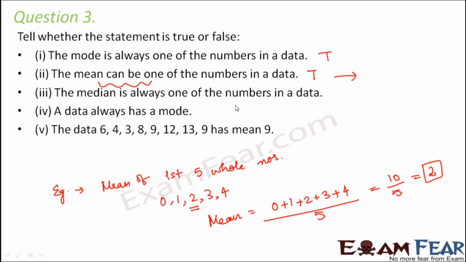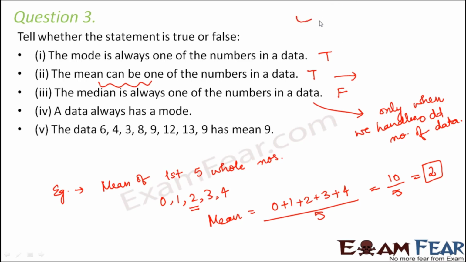The median is always one of the numbers in a data. Well, this is false. This statement is true only when the total number of data is odd. Whenever we have an odd number of data, let's say you have 9 data, so 4 on this side and 4 on this side, the median is the data which is at the middle.